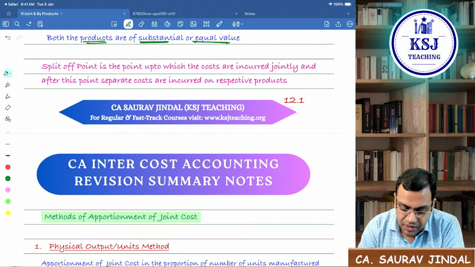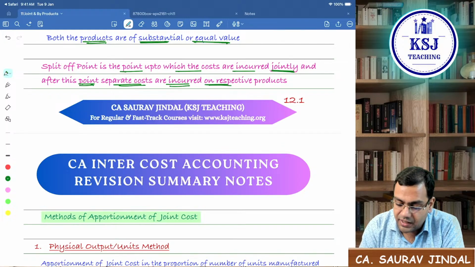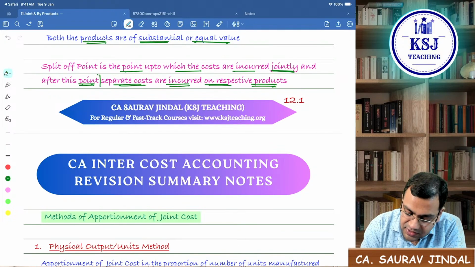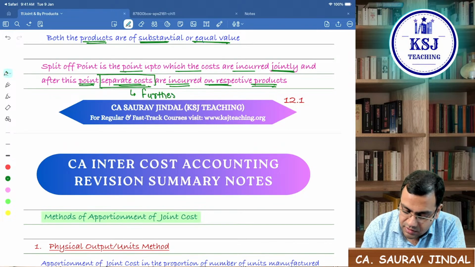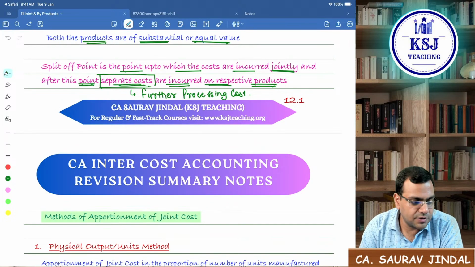I have told you that the split off point is the point up to which the costs are incurred jointly, and after this point separate costs are incurred on the respective products, and this separate cost is what we call FPC, or further processing cost. Clear?